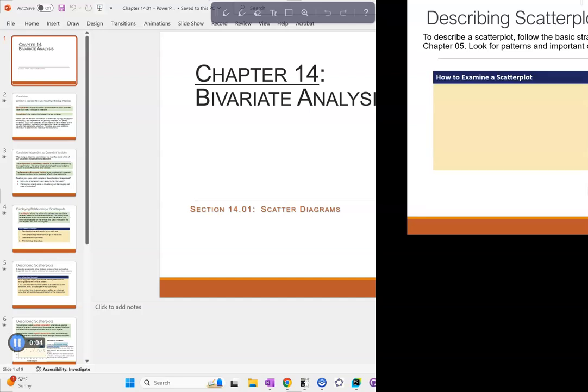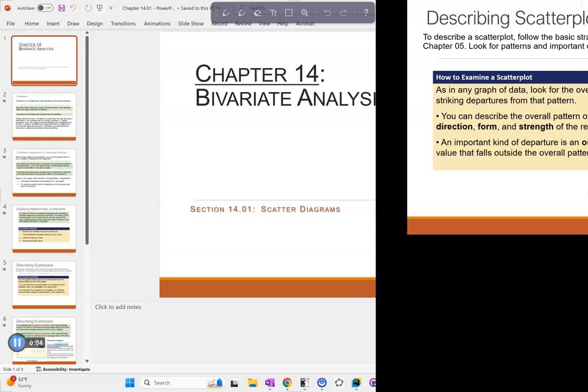So when we examine our scatter plot, we're essentially going to be looking for four things. We're going to look for the direction, form, and strength of the relationship, and then any important outliers or departures from that overall pattern. When we talk about direction, we're talking about the overall trend of the data.